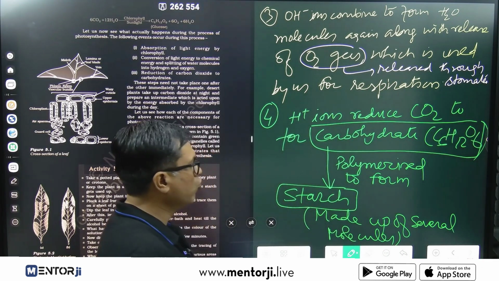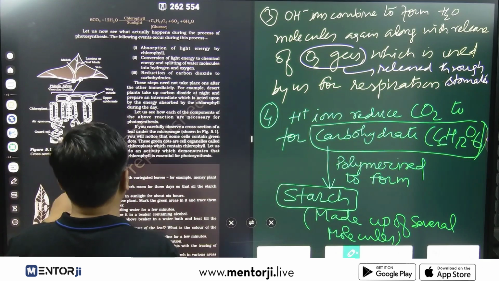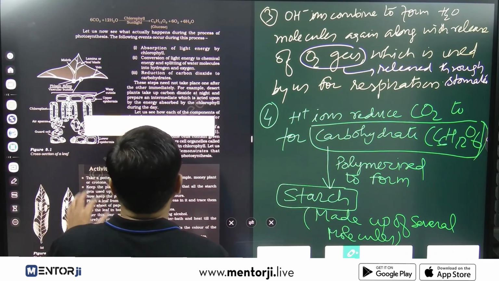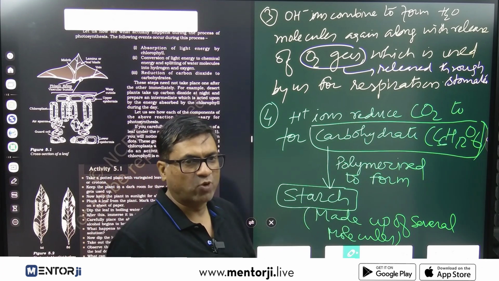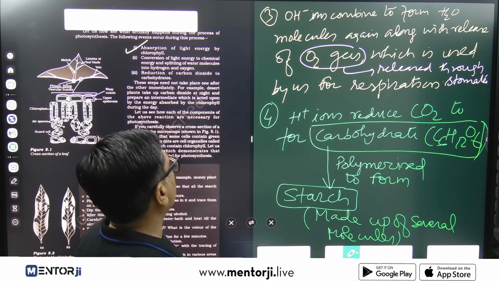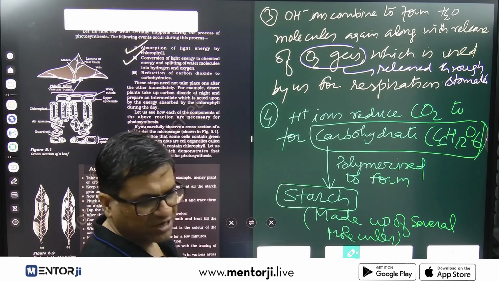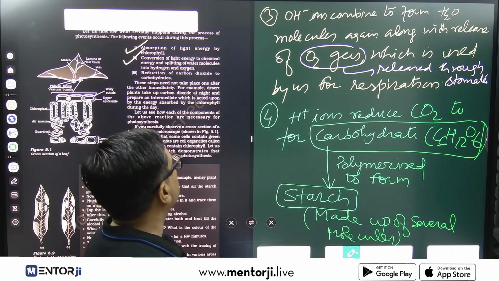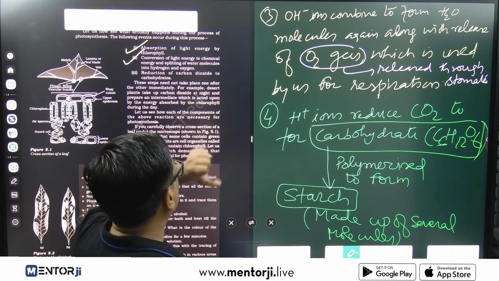So these are four steps in your book. These steps are also given in a very simple way, but I elaborate these points to you more specifically. First is absorption of light energy by chlorophyll. Second is conversion of light energy by chlorophyll molecule.